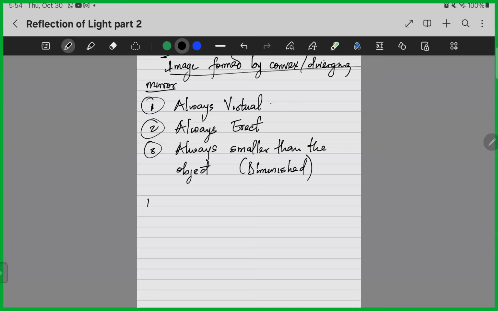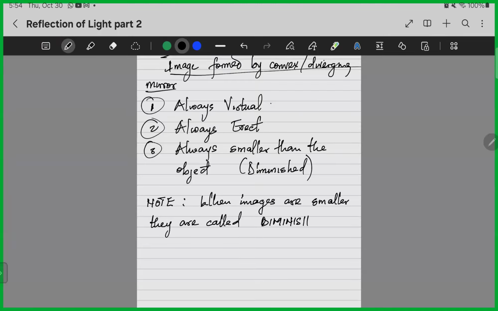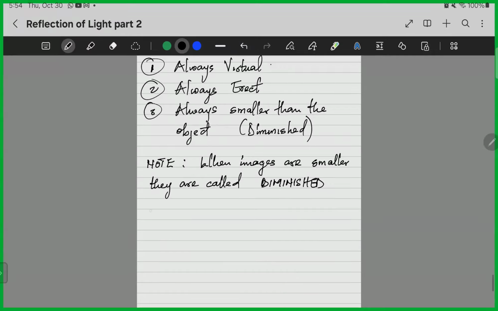Let me write it down. Note: when images are smaller, they are called diminished. And when they are larger, they are called enlarged.